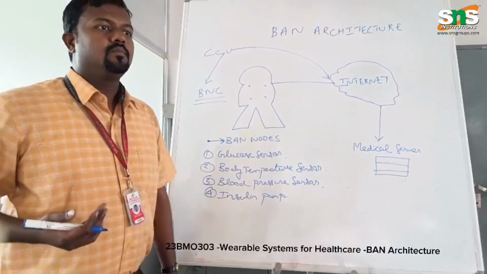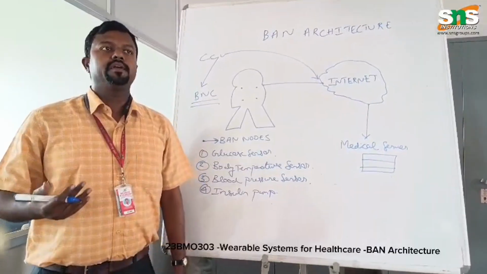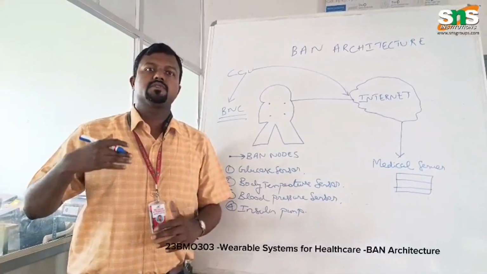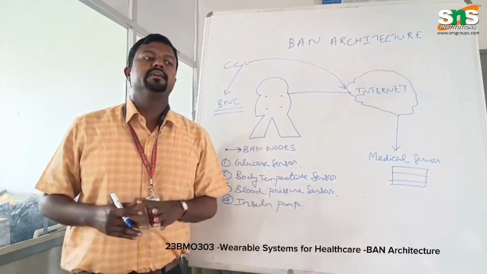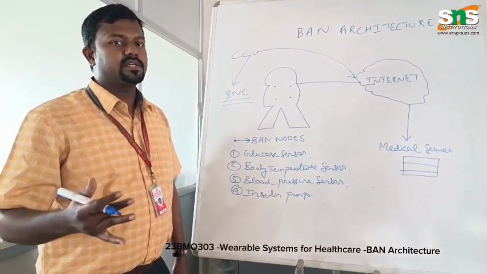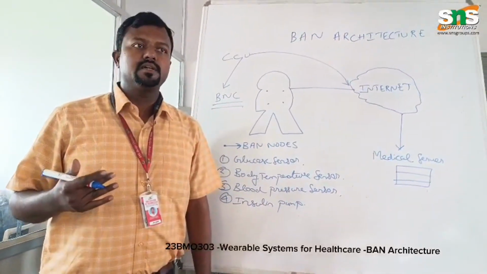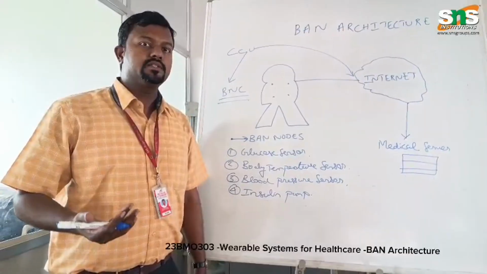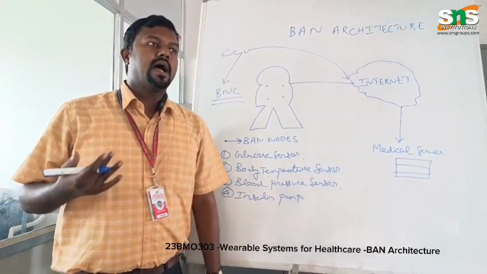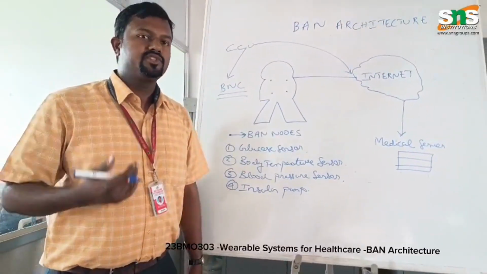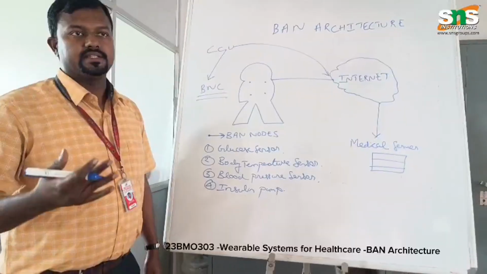And the second most important point is, nowadays this BAN architecture is also associated with AI, where AI becomes more advantageous to the patients as well as the doctors, because AI is a kind of smart thing. The trained models are fed into the system and can be compared with the real-time input, and the diagnosis can be done very easily.